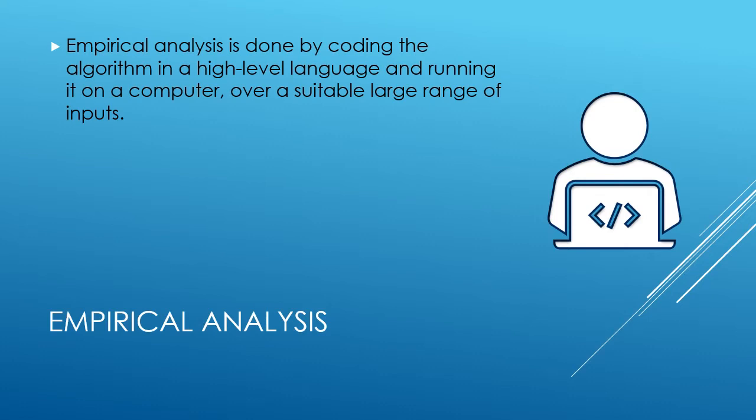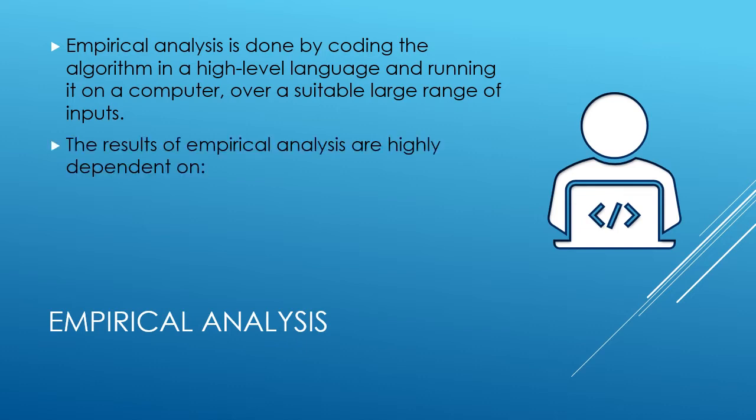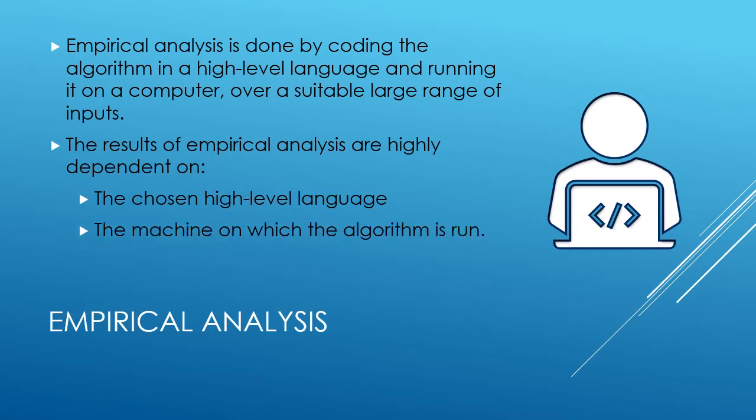Empirical analysis is done by coding the algorithm in a high-level language and running it on a computer over a suitable large range of inputs. The results of empirical analysis are highly dependent on the chosen high-level language, the machine on which the algorithm is run, and the inputs that are provided.